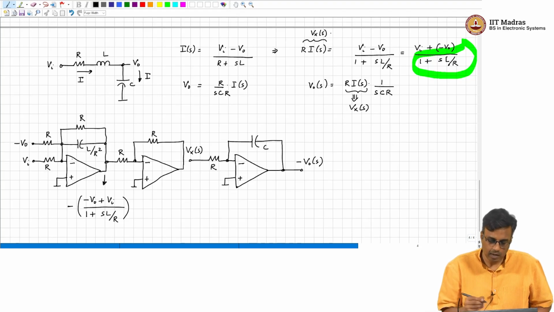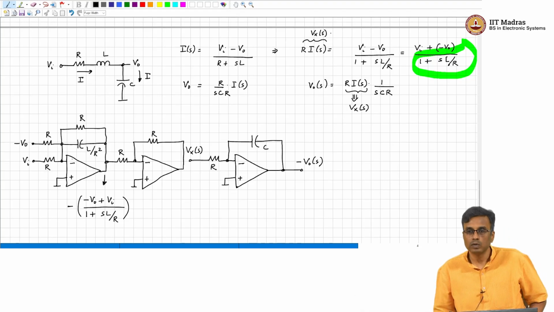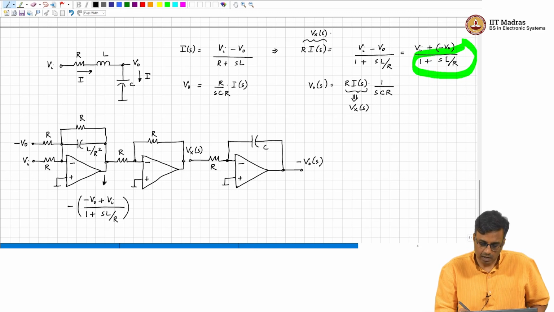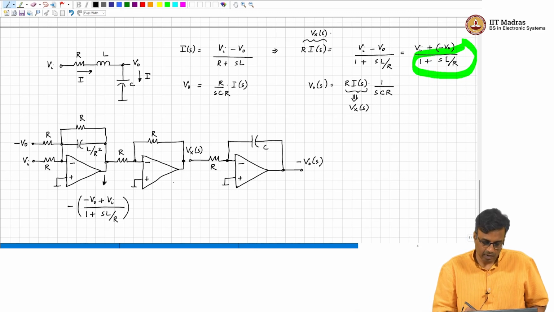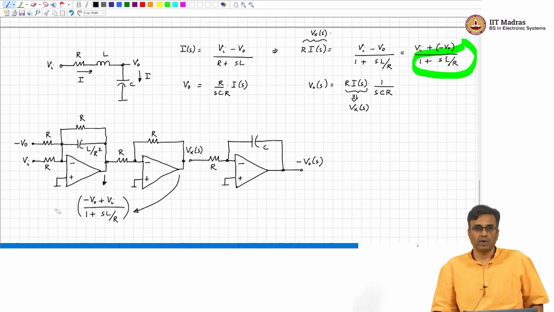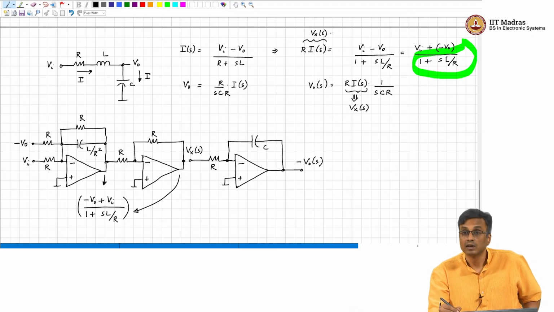So, this is R. What should we do now? What is the result? Vi minus the signal here is nothing but Vi minus V naught by 1 plus SL by R, which is the same as what? It is the same as Vx of s.